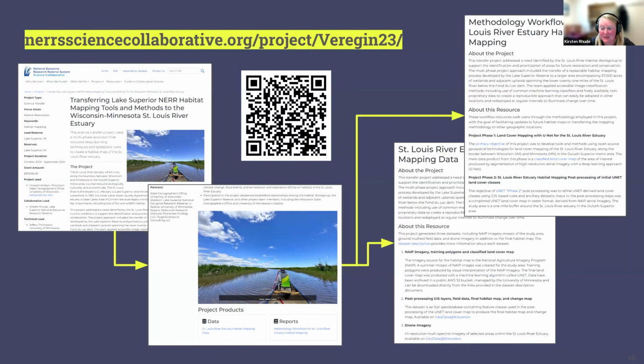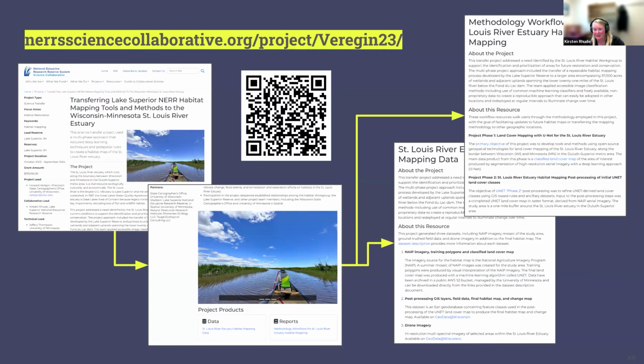Just wanted to highlight that all of the final products that are part of this work can be found on the Science Collaborative project page here. That includes links to the final habitat map, both viewable and you can also download the geodatabase and have those files if you want to dig deeper and have that for your ArcGIS Pro account as well.